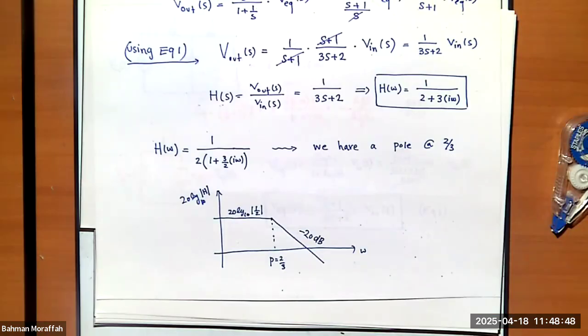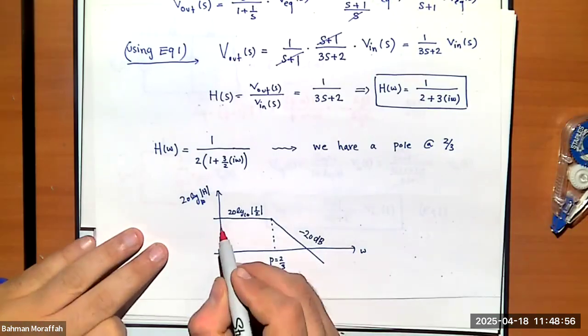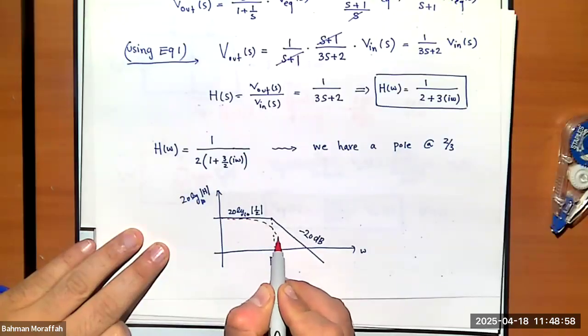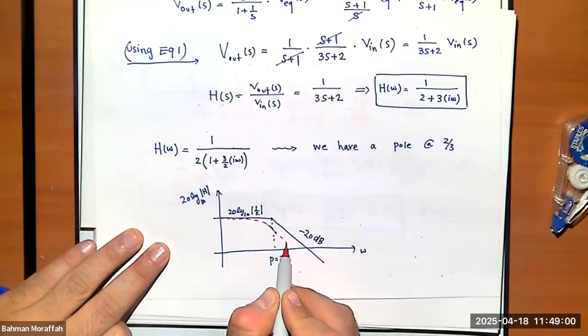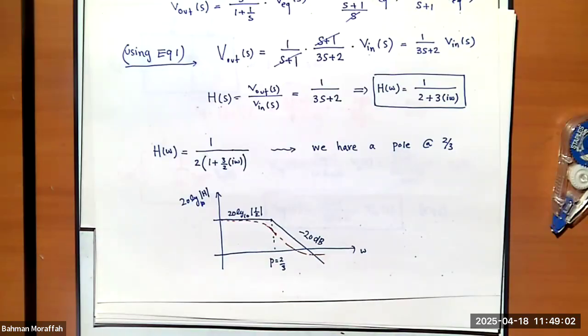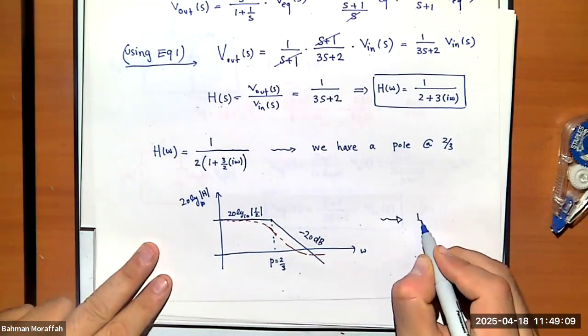What kind of filter is this? It's a low pass filter, right? Because remember, the actual low pass filter that we were getting looks something like this. So it's a good approximation of that. So this is a low pass filter.